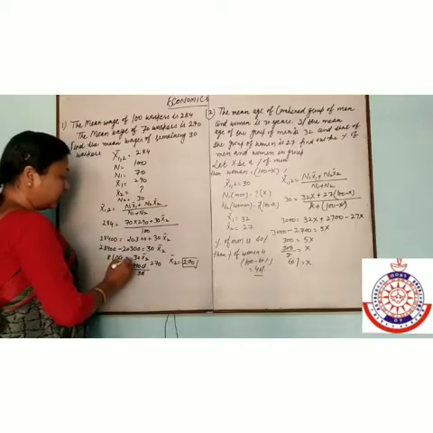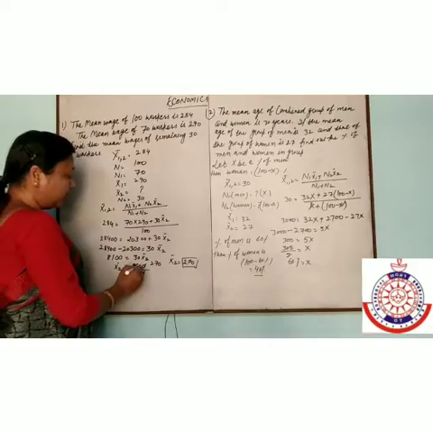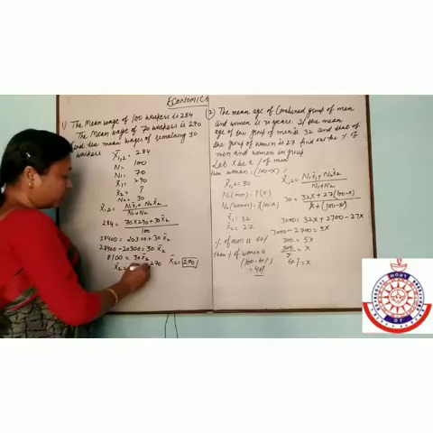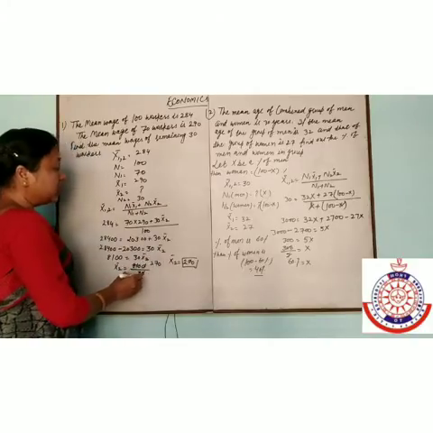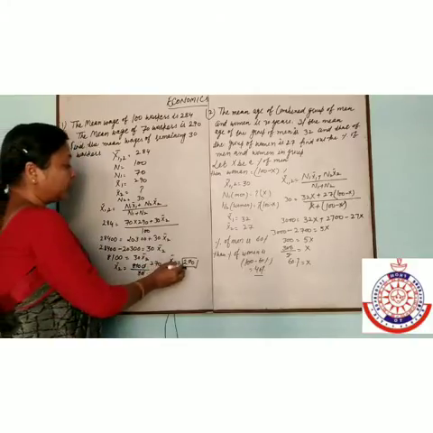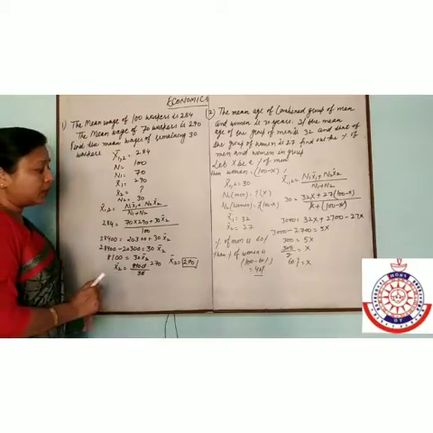Then 8100 is equal to 30 x bar 2. Then x bar 2 is equal to 8100 divided by 30, so it is 270. Then the value of x bar 2 is equal to 270.